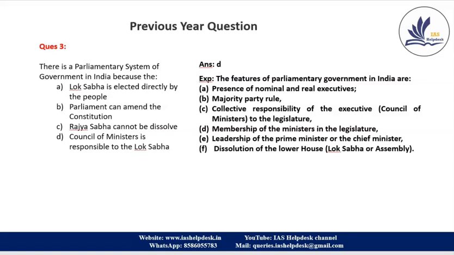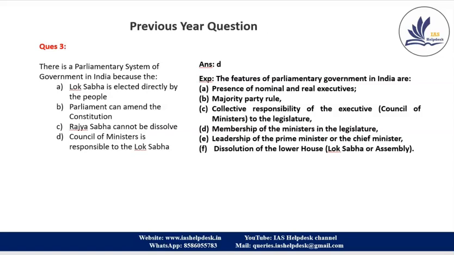And then we have the membership of the ministers in the legislature, where a minister has to be a member of the house. So legislature leadership of the prime minister, that is the leader of the party will be the prime minister. Then we have dissolution of lower house.